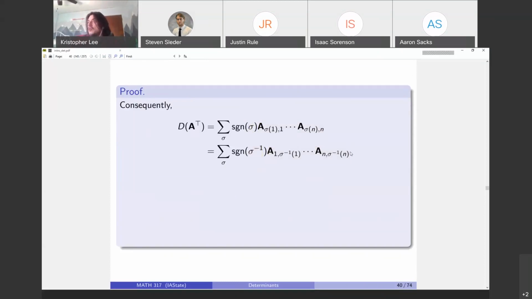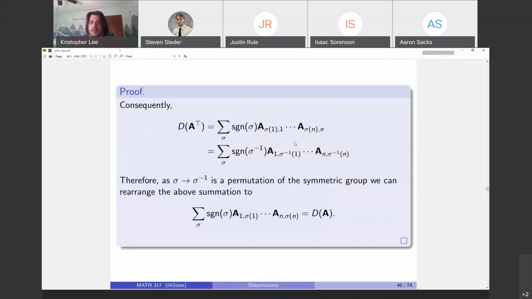So the summation now is, instead of doing all of the permutations, do all of the inverses of the permutations, but every permutation's inverse is another permutation, and that's itself just a rearrangement of the collection of permutations. So that means the summation is just over the collection of all permutations, so just rearrange it so you're not summing the inverses, but rather summing the originals. And then, hey, that's just the determinant.